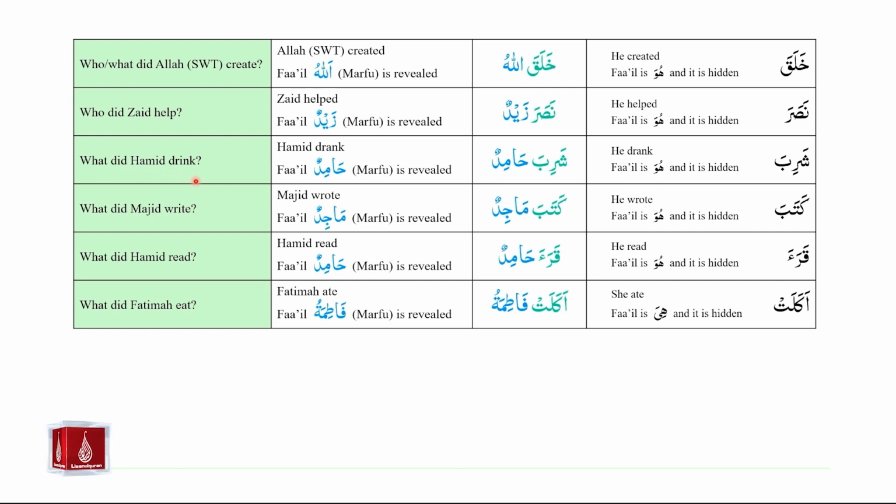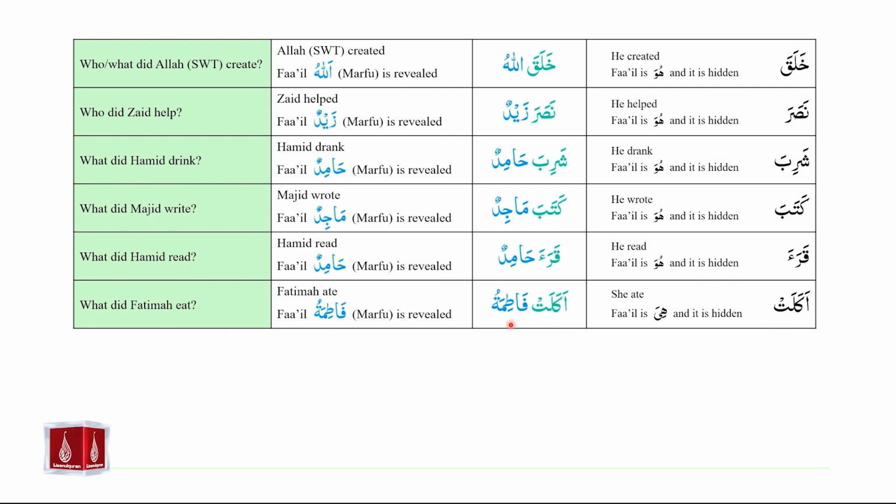Did Hamid drink milk? Did Hamid drink water? Kataba, he wrote. Kataba Majidun, Majid wrote. What did Majid write? Qara'a, he read. Qara'a Hamidun, Hamid read. The question is, what did Hamid read? Akalat, she ate.